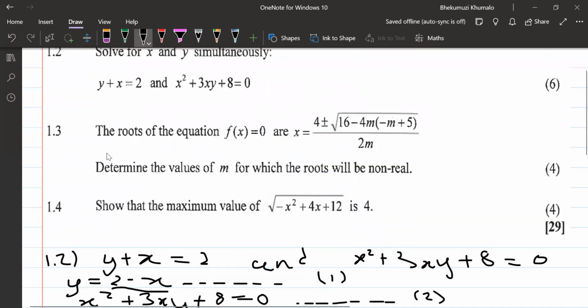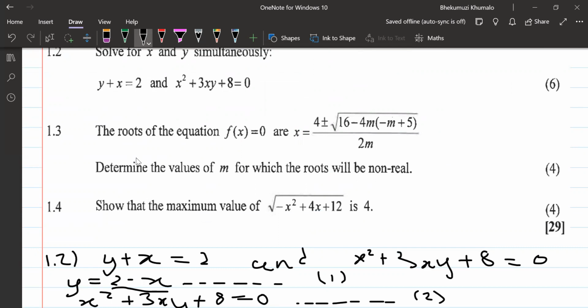And then 1.3 says the roots of the equation f(x) = 0 are x equals 4 plus or minus the square root of 16 minus 4m, all into minus m plus 5, all divided by 2m, right?